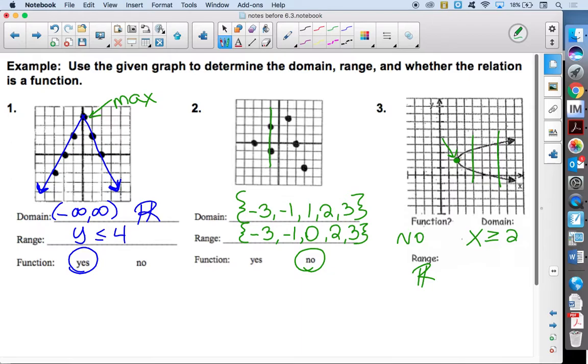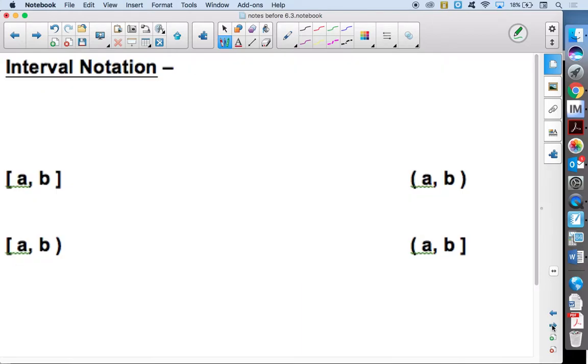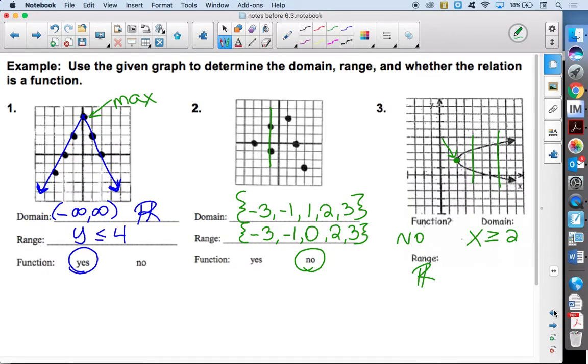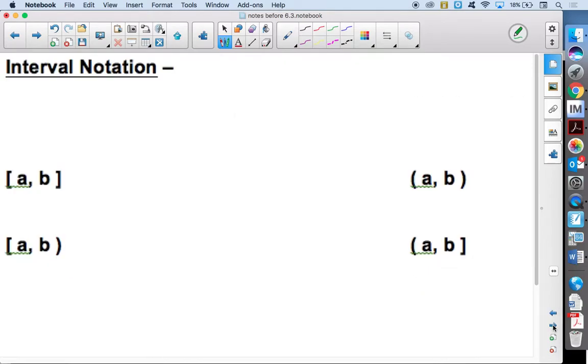All right, so what we're going to do is we're going to try and take this information and write it a different way. Because these are inequalities, and now that we're halfway through the year and starting to approach the higher levels of mathematics, we really don't write domain and range using inequalities, and you'll never see them written as inequalities again. So any math class that you take will use something called interval notation.